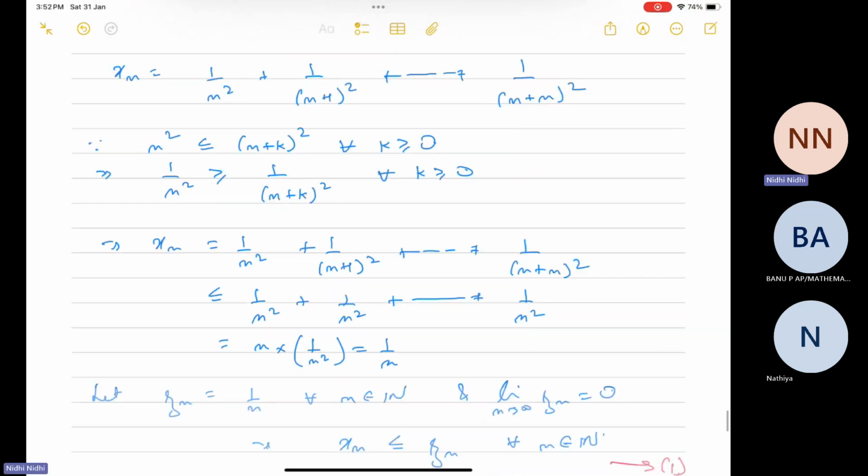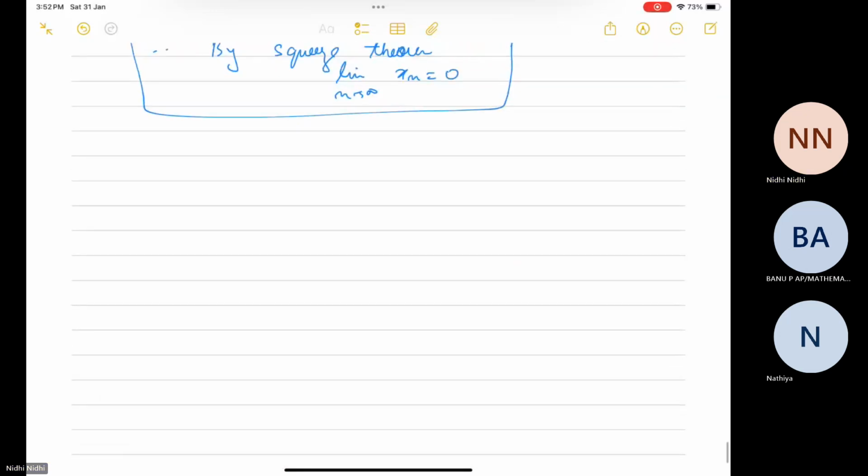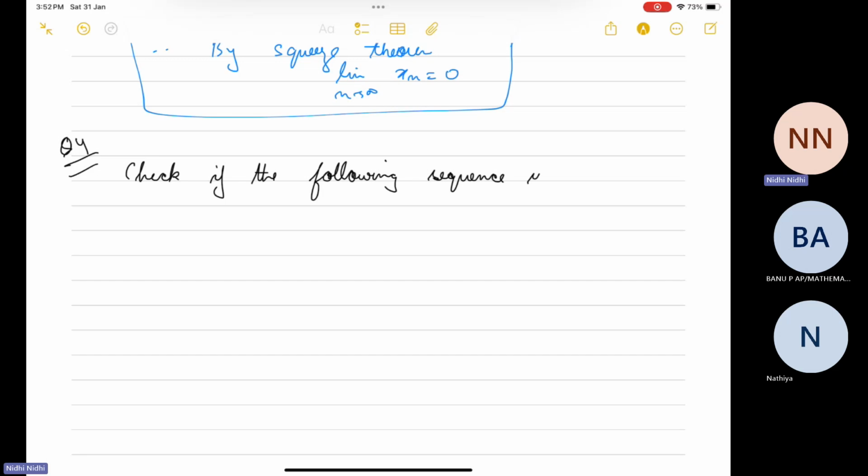Okay, then let's move to the next question. Check if the following sequence is Cauchy or not.